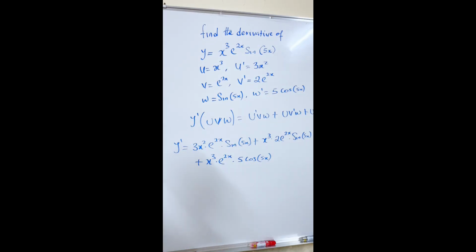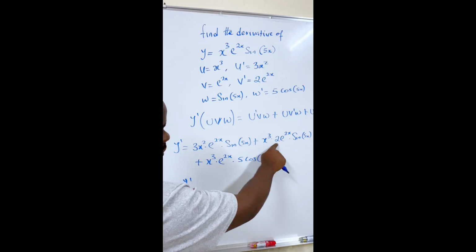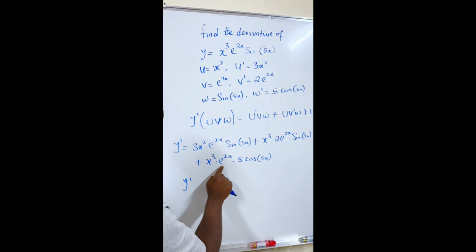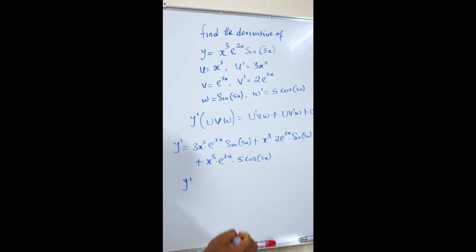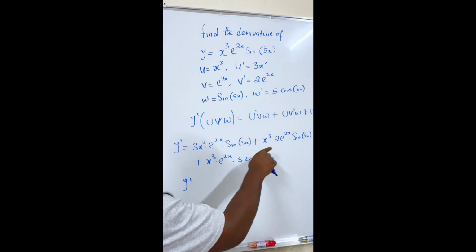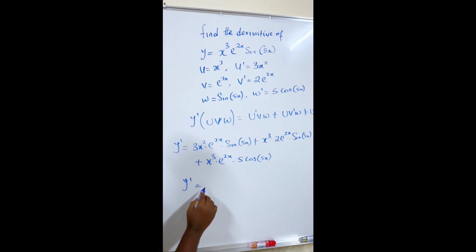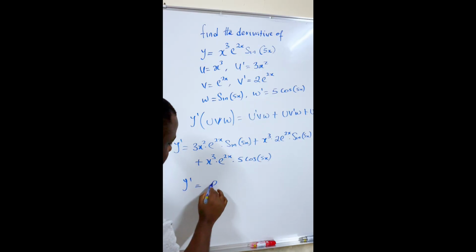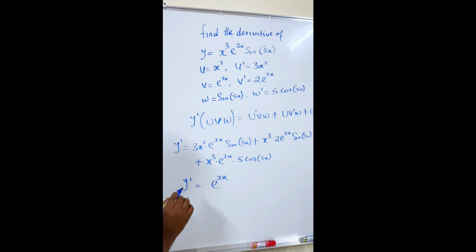So what we just need to do here is simplify this. So I said y prime. You can see here we have 3x squared. We have e to the power of 2x in each term, so at least we can agree that we have e to the power of 2x for the whole term.